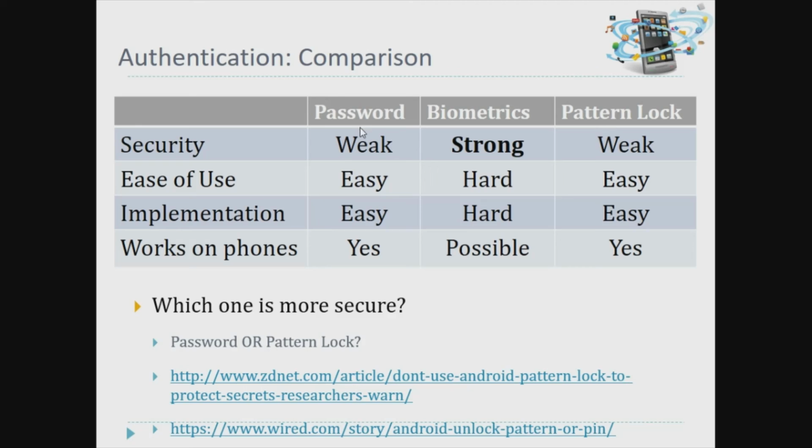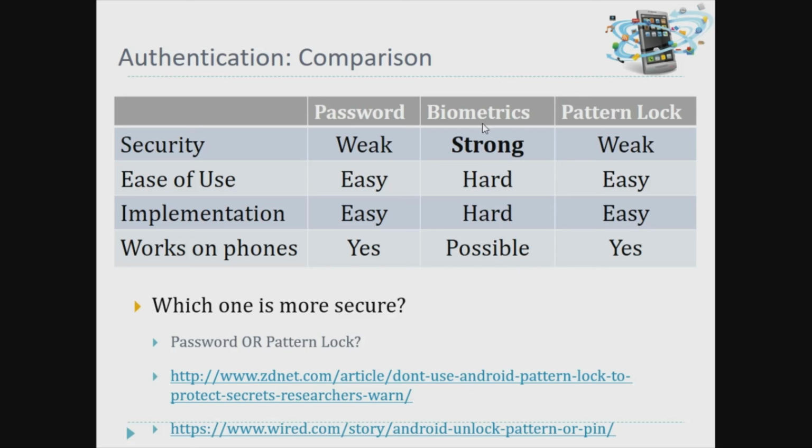You can make it stronger by putting requirements when you create the password. Ease of use is quite easy. Implementation is easy. Works on the phone, of course, it works with your phone. Easy to implement.